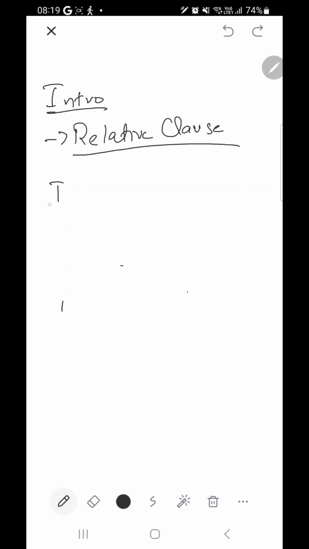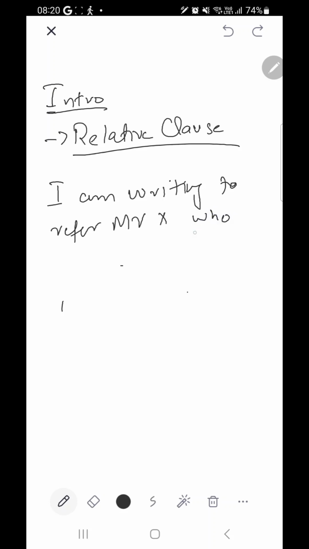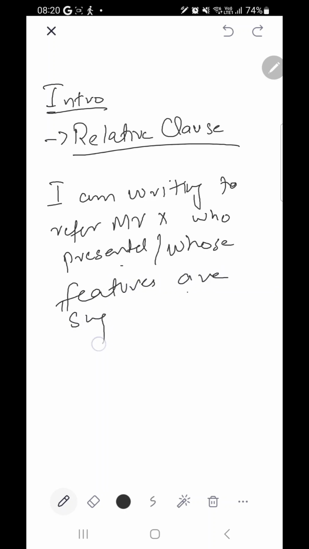Let's say we write, I'm writing to refer Mr. X, who presented or whose features are suggestive of. Now, this is the first rule. You have to understand the use of the relative clause is important in the introduction.